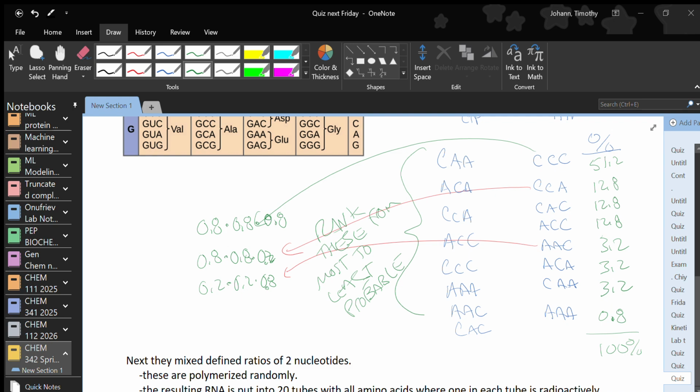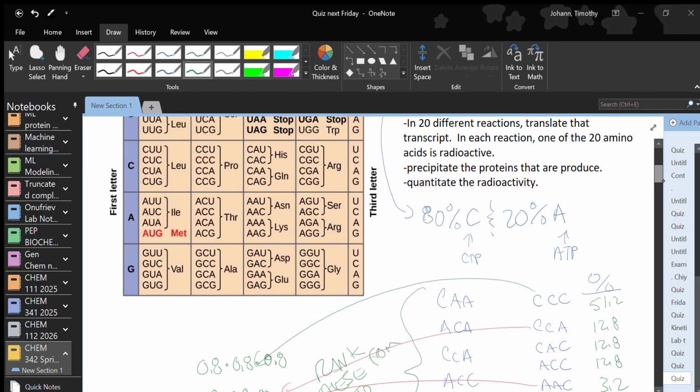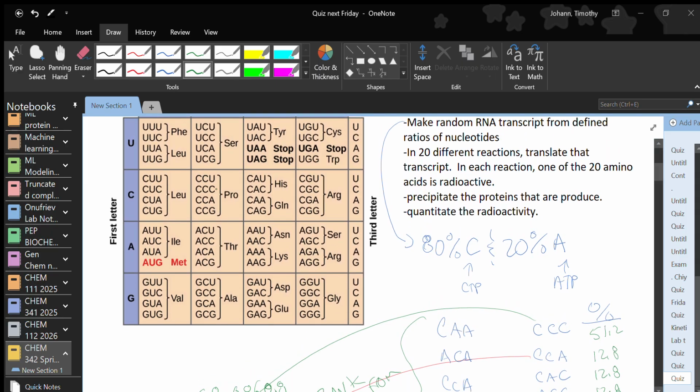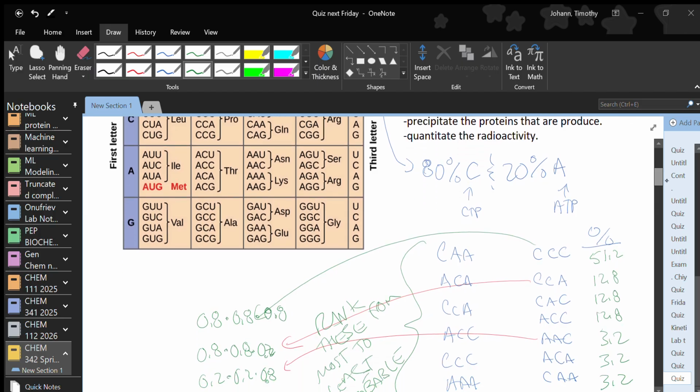So let's go ahead and look at that. Out of this, we learned with our codon table, let's see, what does CCC give us? Proline, right? So CCC is going to be 51.2% of that, but we also have some other CC things. CCA is going to be 12%.